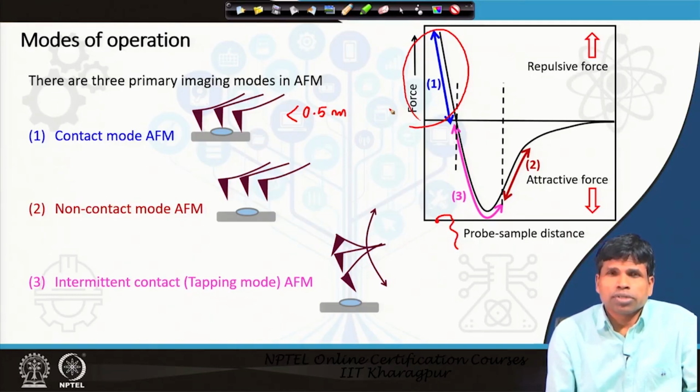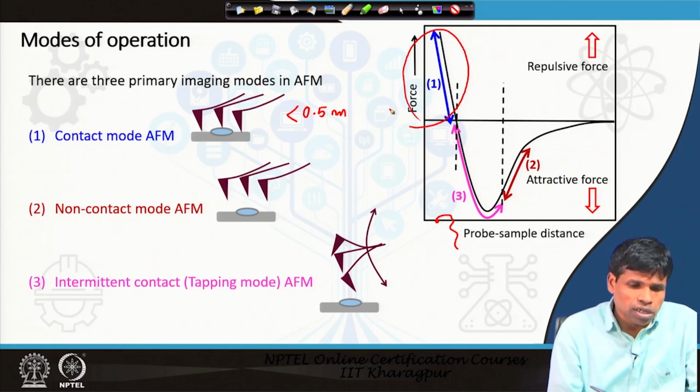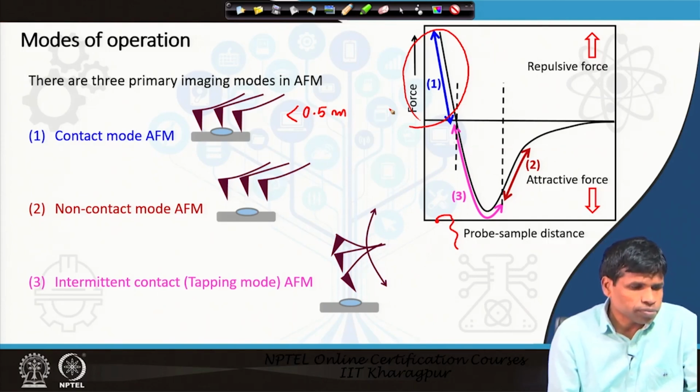The plastic deformation occurs because that force creates a pressure of a few gigapascal, which is almost of the same order as the yield stress, thus causing deformation to the sample, mostly for soft, polymeric samples. This happens with contact mode.